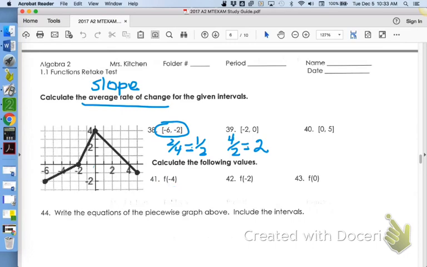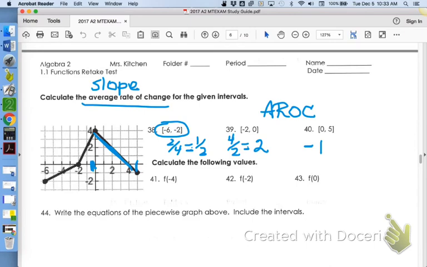Oops. From 0 to 5. So that's this line right here. It's negative. You're going to be going down 1 to the right 1. So it has a slope of -1. And remember, we use this AROC notation. Average rate of change. But that's slope.